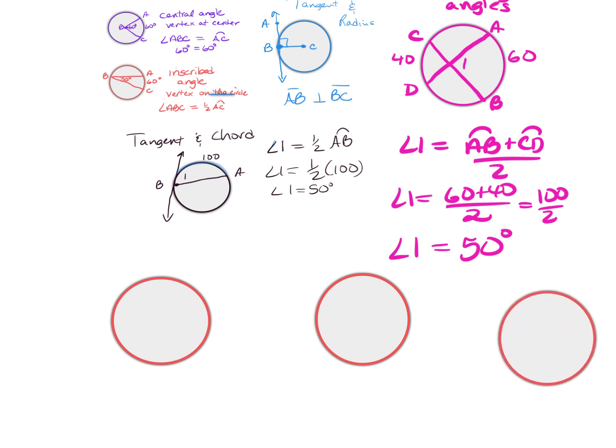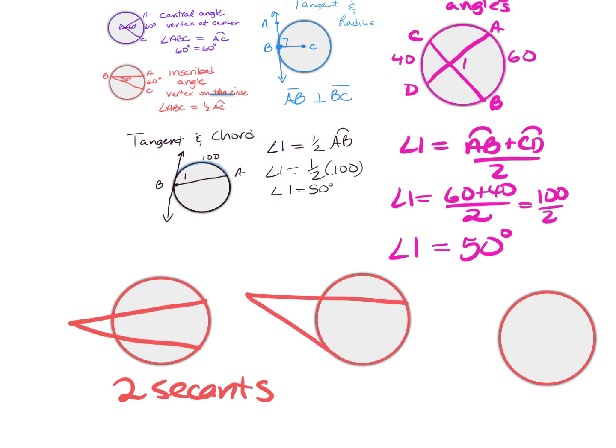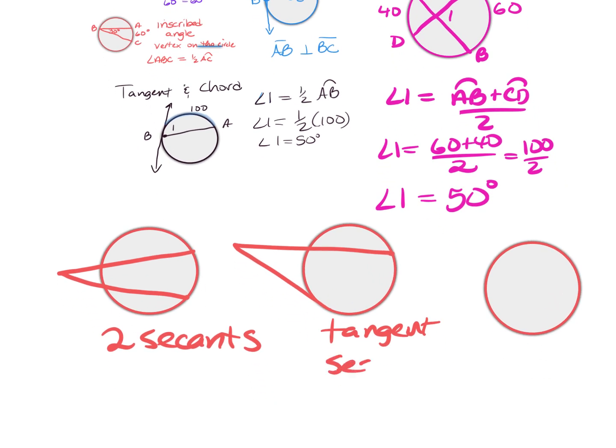So this was the 3 scenarios, all using the same formula. So we either have 2 secants, we have a tangent and a secant, or 2 tangents.